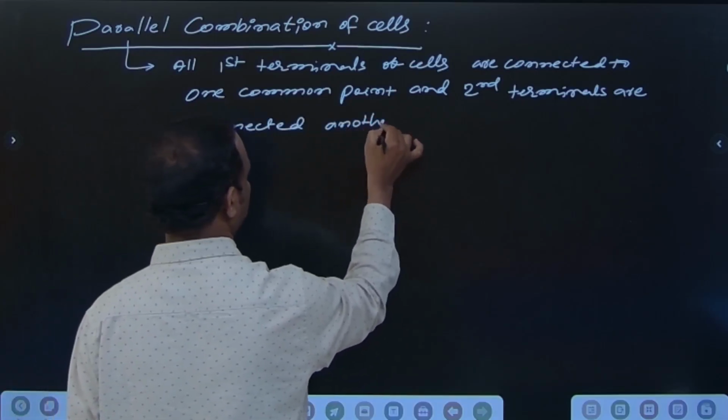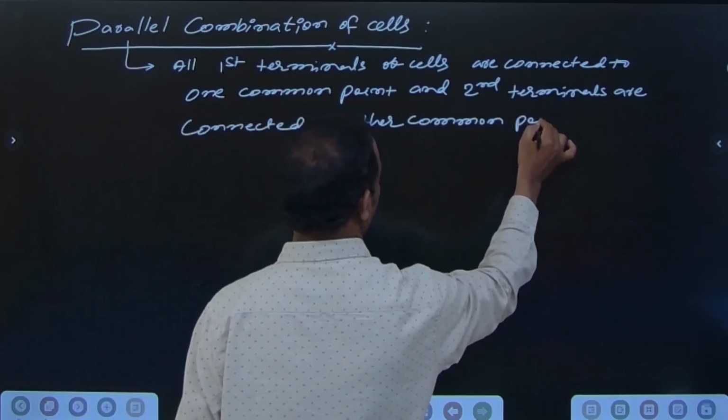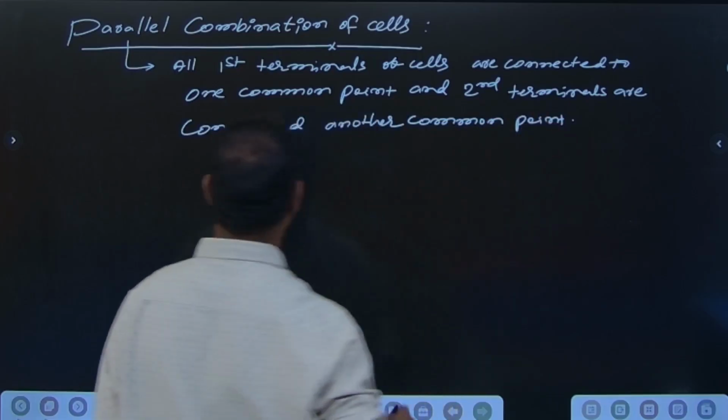This we can say is a parallel combination.